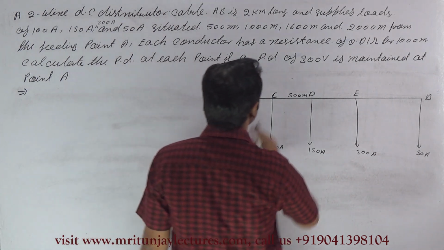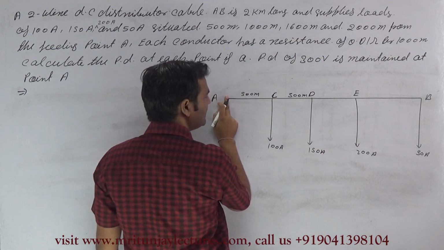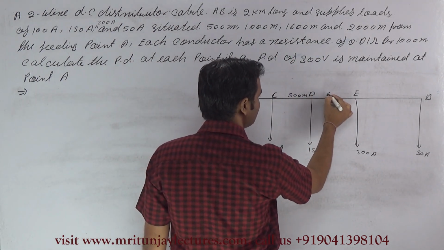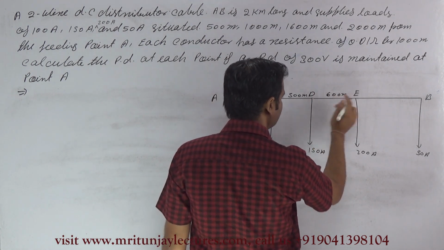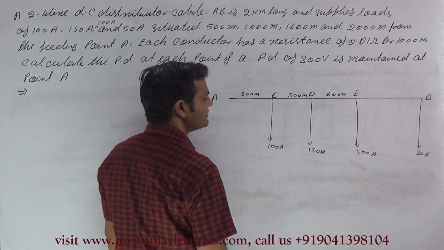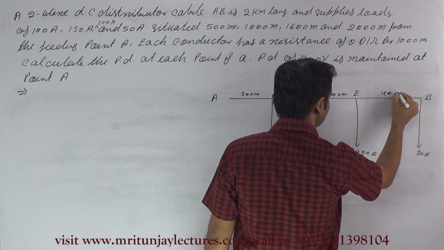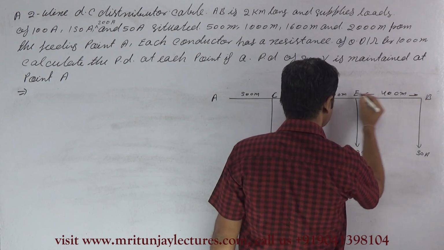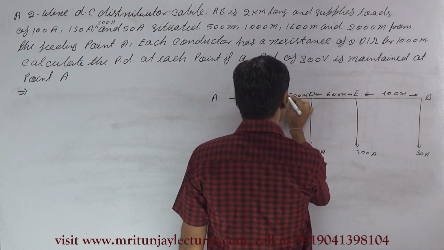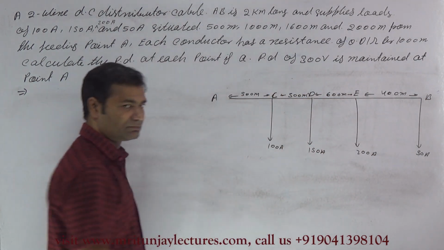Now that is 1600, so the distance between D and E is 600. Okay, and this one is 400. Clear? Distance between these two.